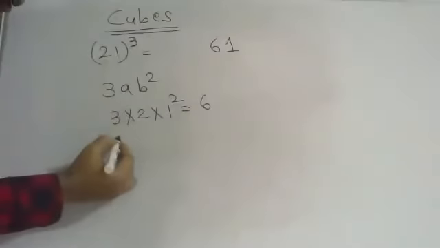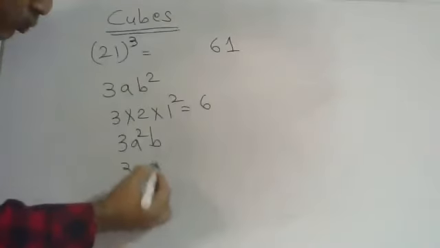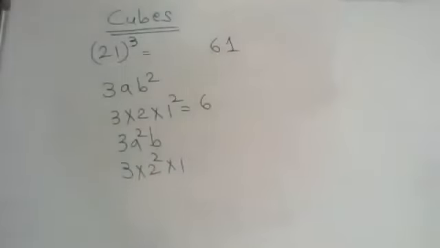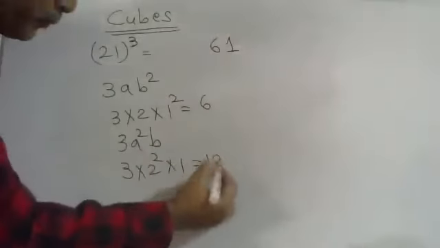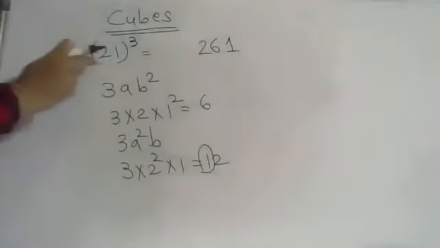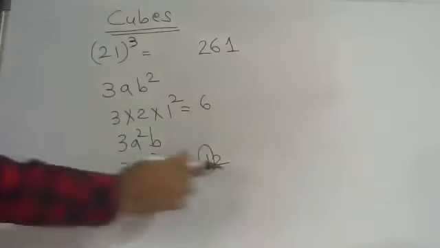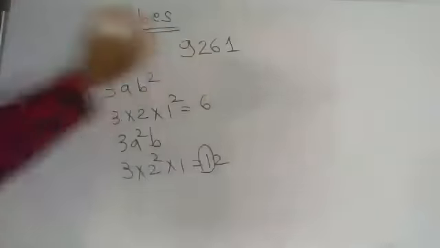Next step is 3a square b. 3 into 2 square into 1, that is 12. I will write 2, carry 1. 2 cube, 8 plus 1 is 9.